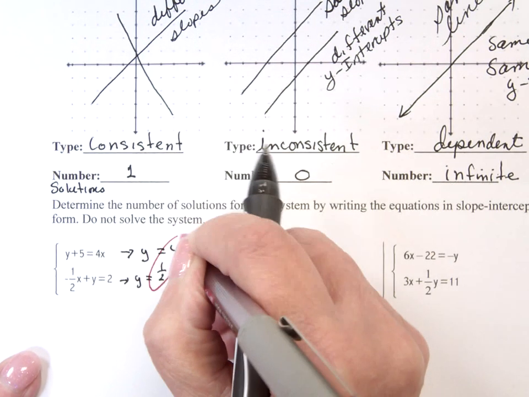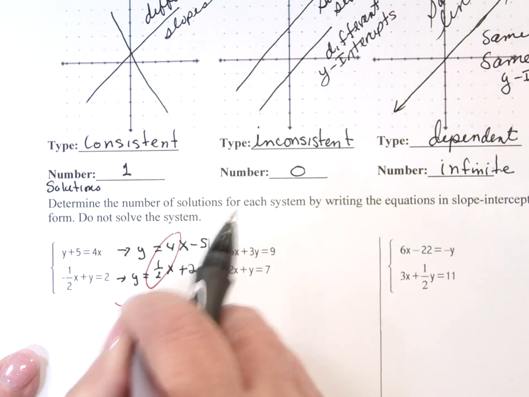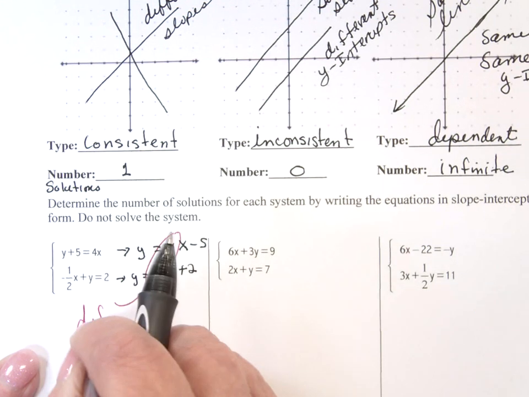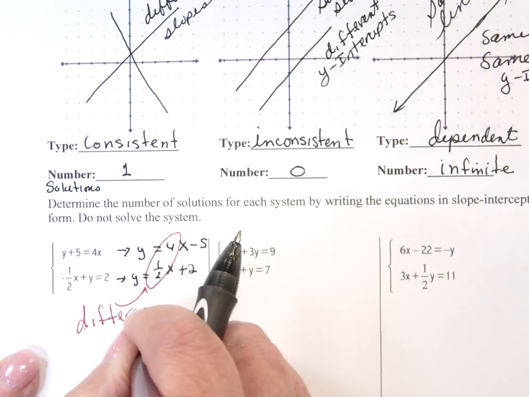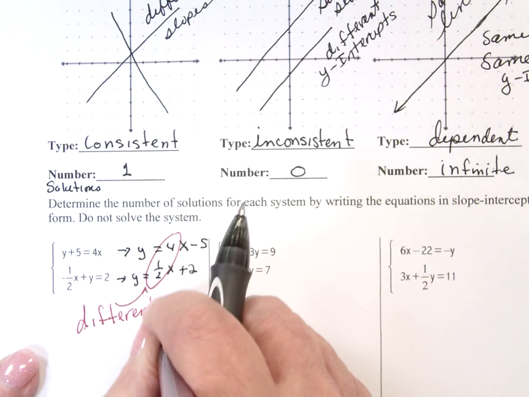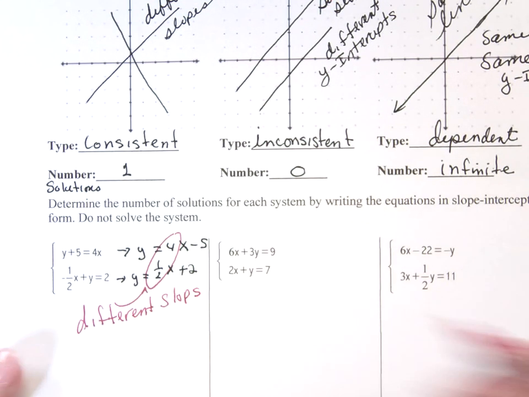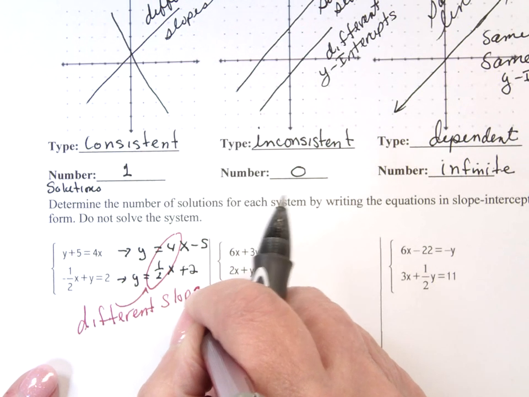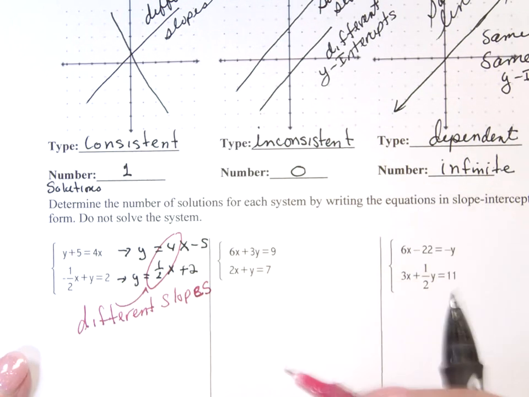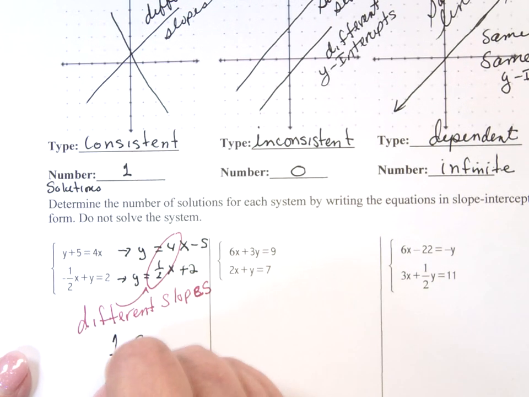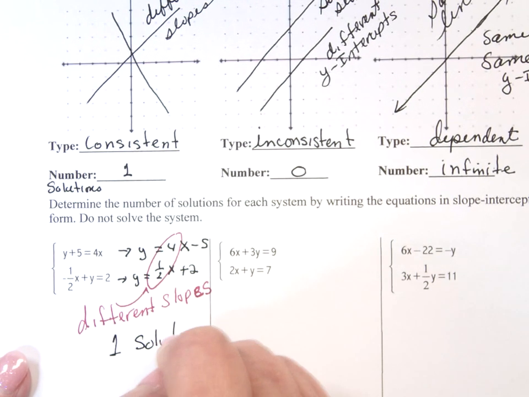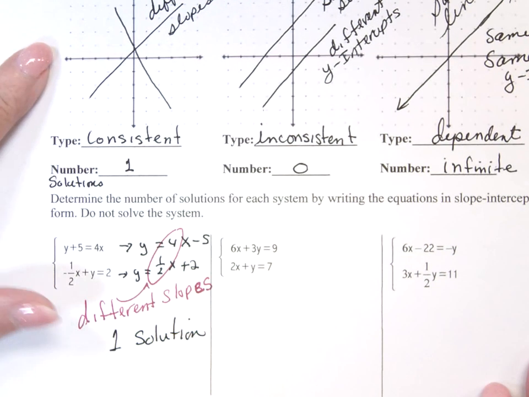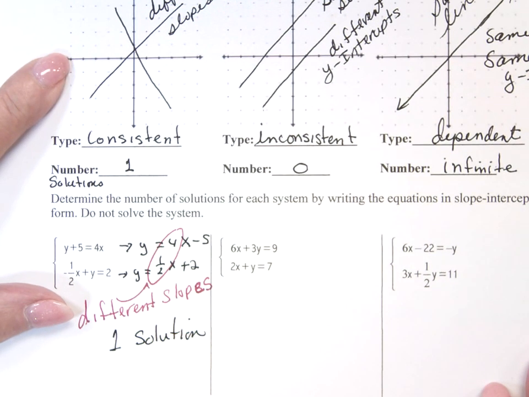So I say different slopes. They don't want you to solve them. Different slopes. One solution. That means if I graph it, it looks like this guy up here.